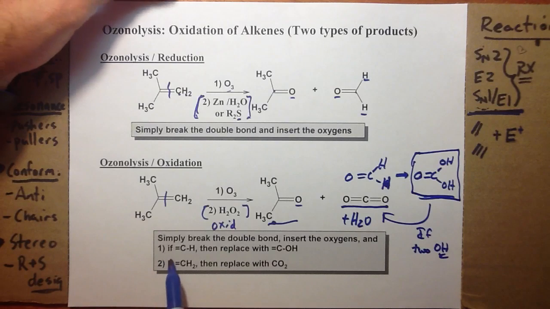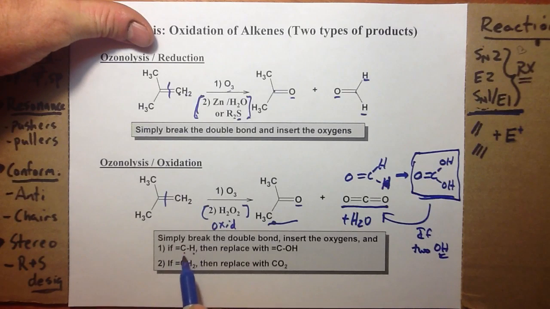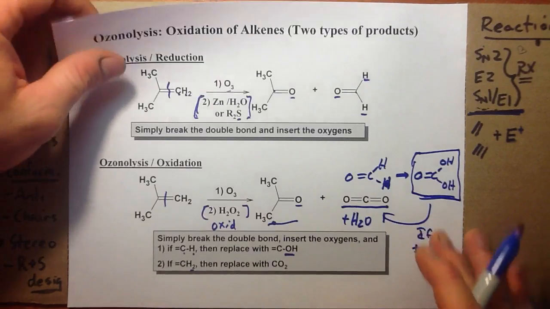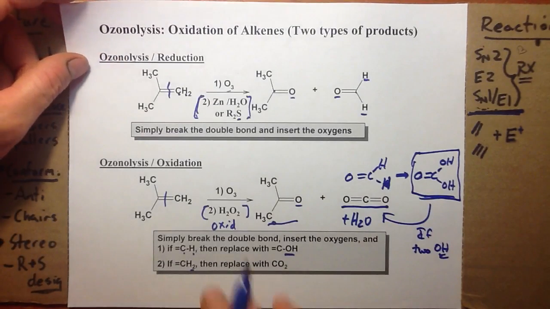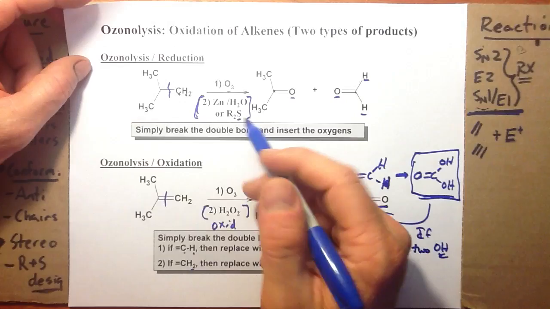So I have those summarized down here. If a CH bond in oxidative workup, we change it to a COH. If we have two hydrogens, then we make not carbonic acid, but CO2.